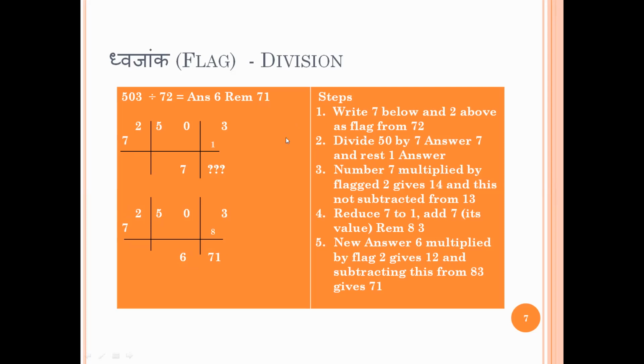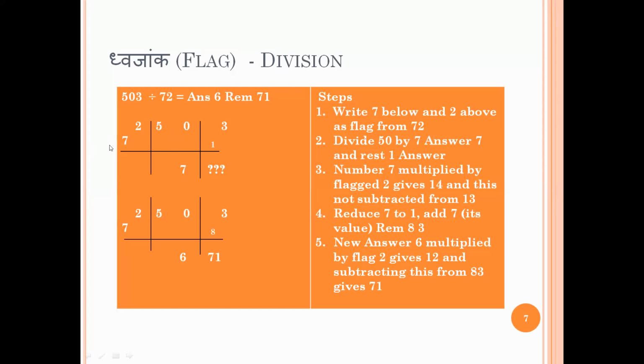Is this clear? How I did the adjustment? Why I made 6 from 7? Why I reduced by 1? I will explain again. See, the original sum is 503 divided by 72. I write 2 as a flag, make a vertical line before 3.